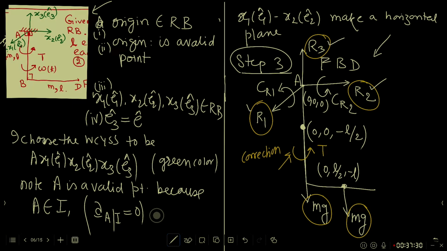So what contributes? One contribution is C R1. The other contribution is C R2. The other contribution is T. Another contribution can come from these mg's. Well, this mg what I'm showing here passes through A, that also doesn't contribute.